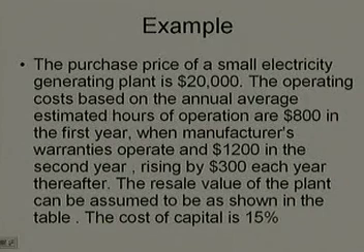This will be more clear when we do one problem in which information on resale value of the equipment is given to us. So, you can note down this problem. This is slightly different from the problems that we have already solved. In this particular problem, it is said that a small electricity generating plant has been purchased for $20,000.